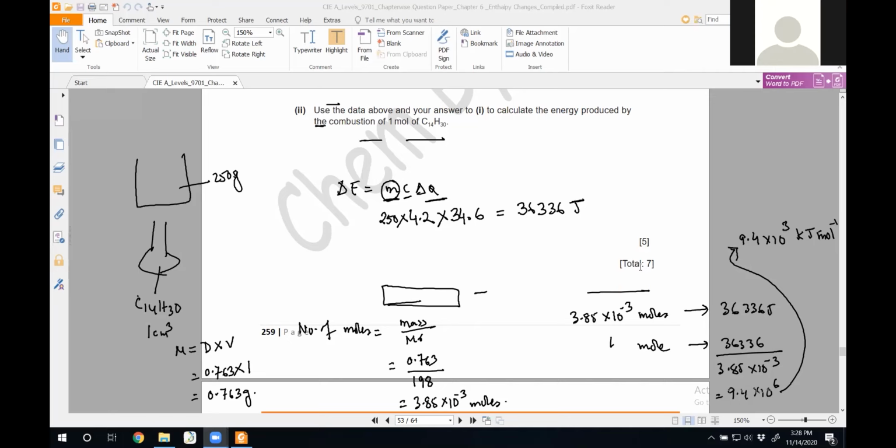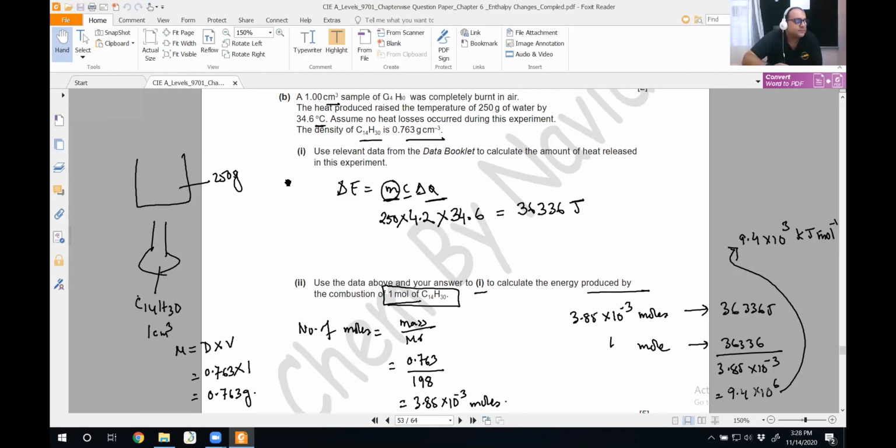Sir, is the volume in cm cube or dm cube? Cm cube, because here we are taking gram. There are 2 units. It's either gram per cm cube or kg per meter cube. Usually we do the calculation in gram per cm cube. For specific heat capacity of water, it's 4.2 joule per gram.